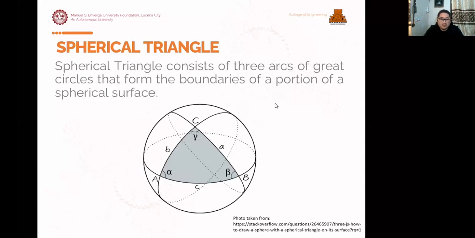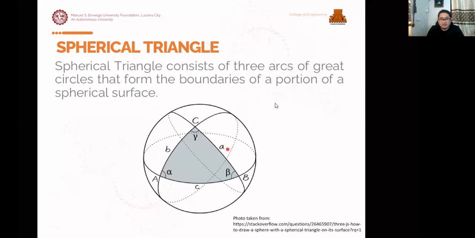Pero once we are looking at the viewpoint na sa sphere siya, ito yung triangle na tinutukoy natin pag sa sphere yung pinag-uusapan natin. Okay? So, kapag yung three great circles natin nag-intersect, yan yung spherical triangle natin.